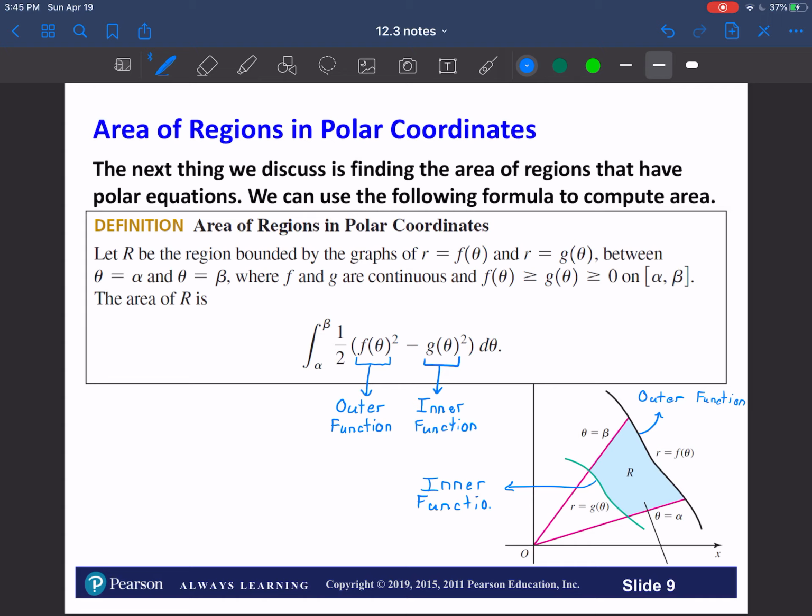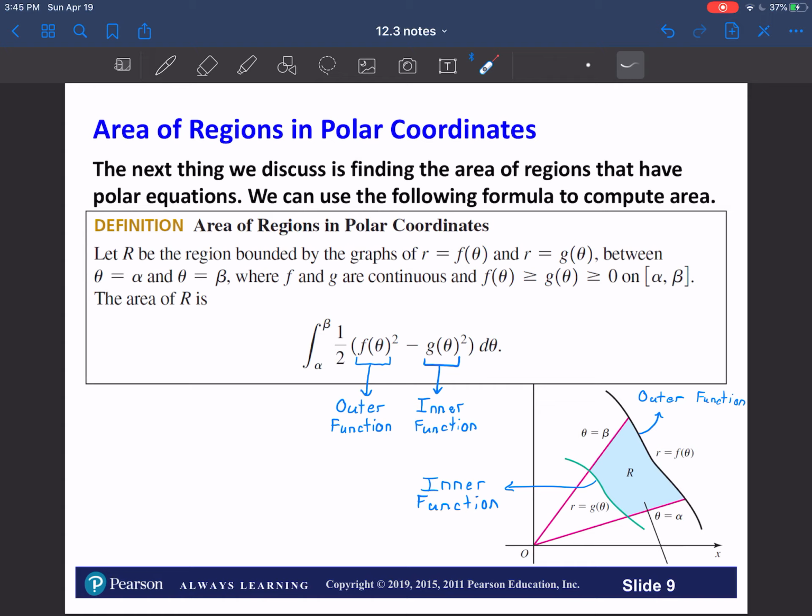So more formally, here's the idea. If you want to determine which function is outer and which one is inner, roughly speaking, the one that is farther from the origin is your outer function.